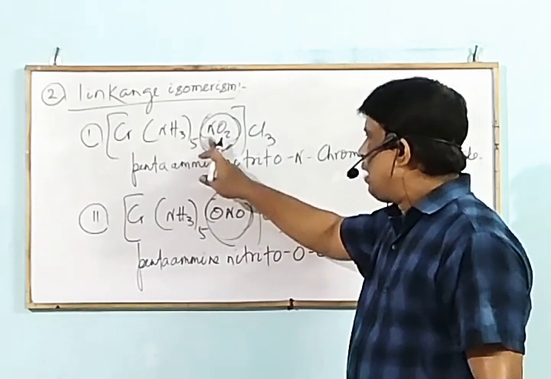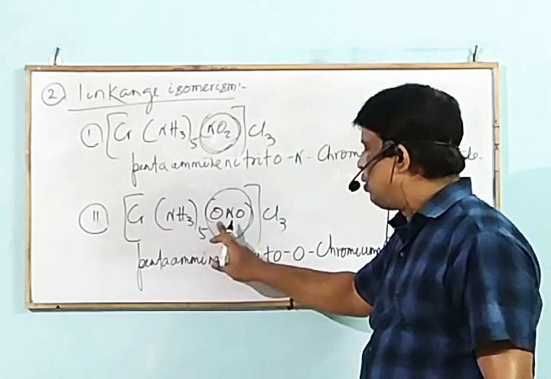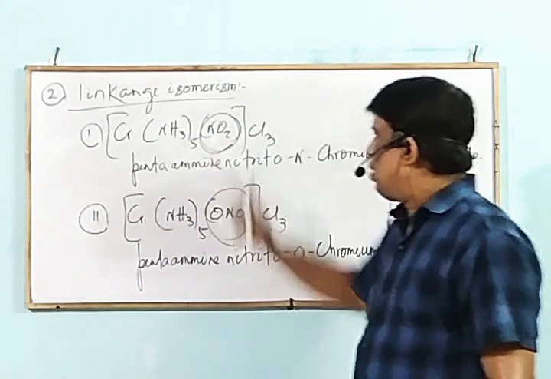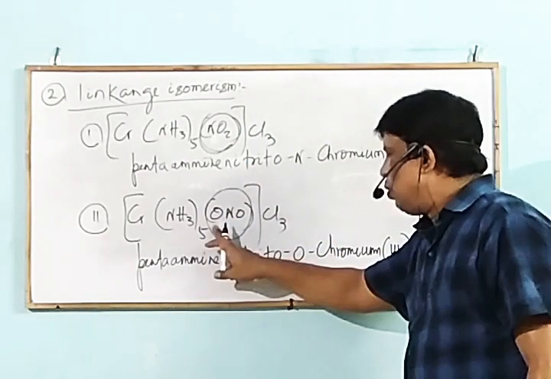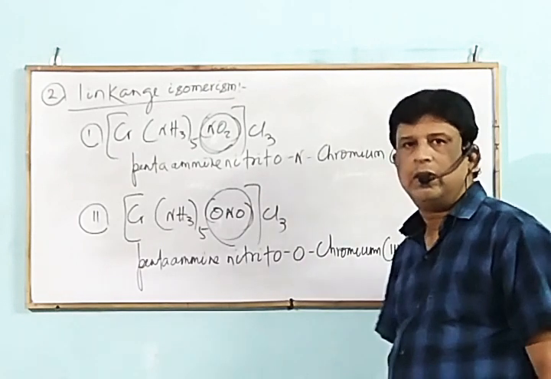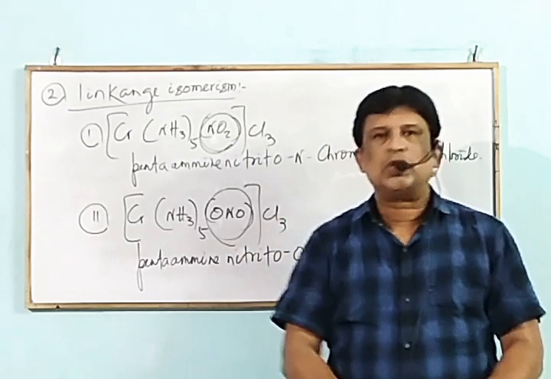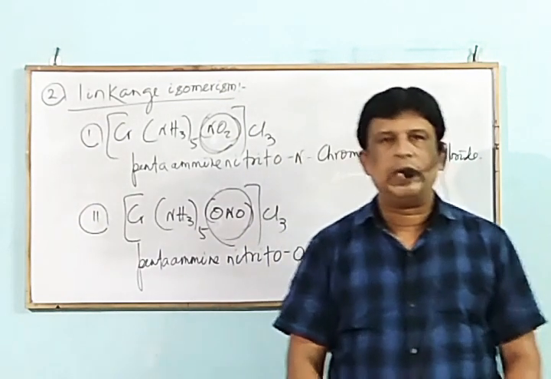Here the donor atom is nitrogen, while in the other the linking atom is oxygen. If the donor atom is nitrogen, it is known as nitrito N. If the donor atom is oxygen, it is known as nitrito O. So each one is known as the other's linkage isomer and the phenomenon is known as linkage isomerism.